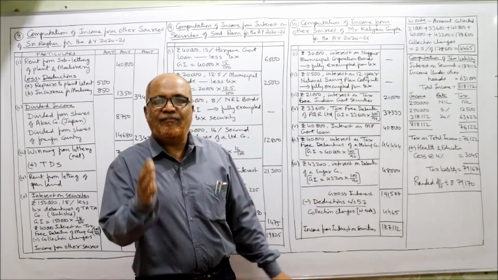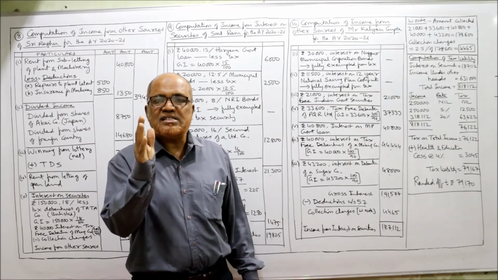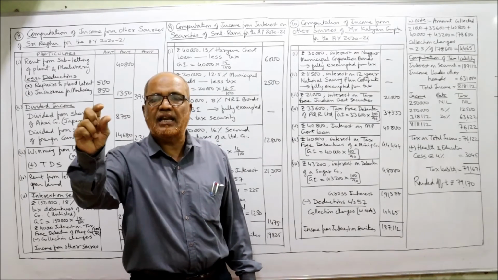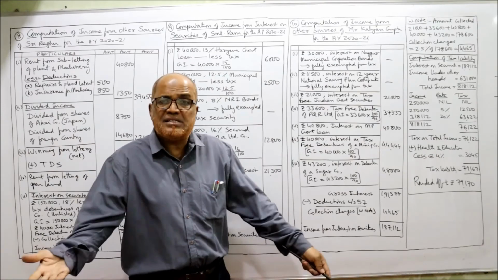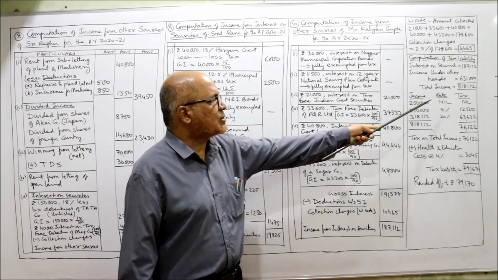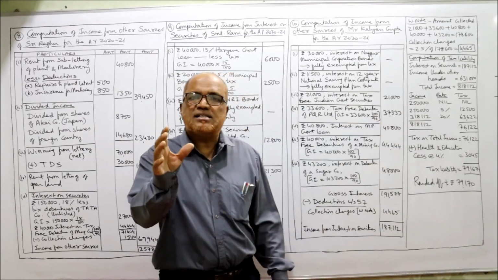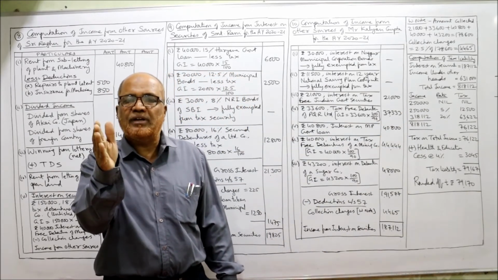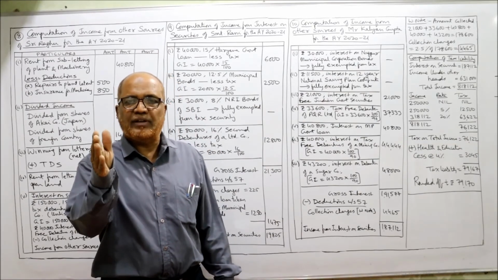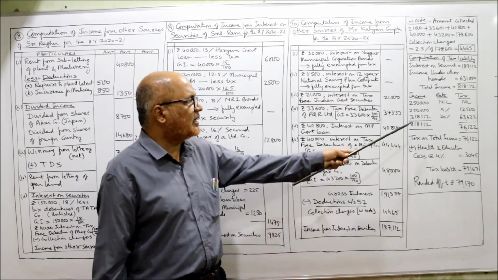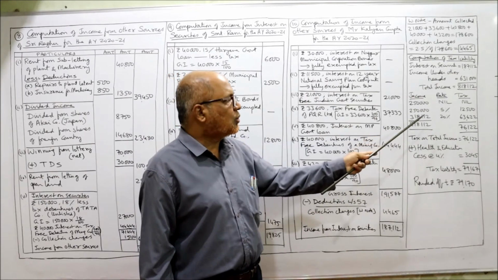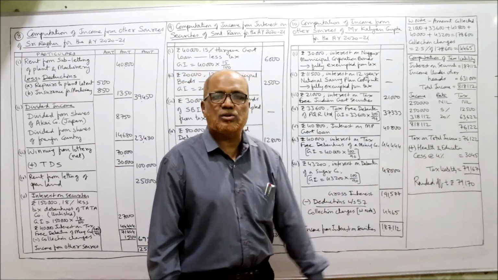Now, income. First slab is up to 2,50,000. Rate of tax nil, amount of tax nil. Basic exemption limit 2,50,000. Second slab is from 2,50,001 to 5 lakh. So 2,50,000 is the second slab. The rate of tax is 5%, so 12,500.